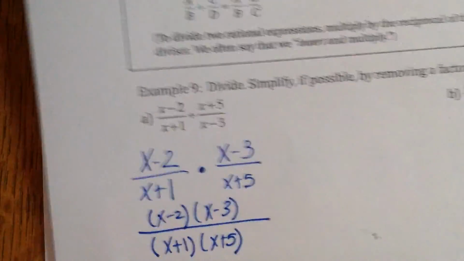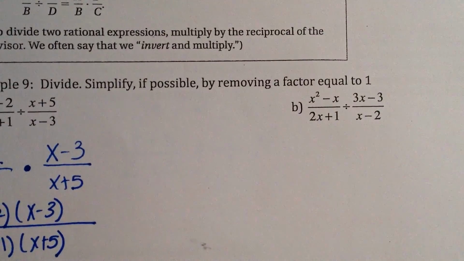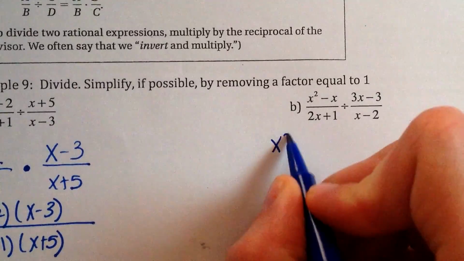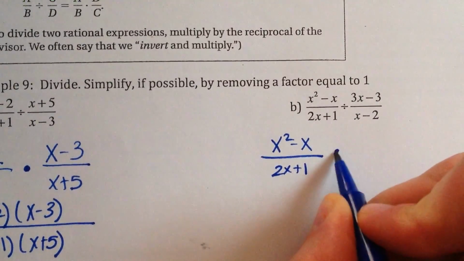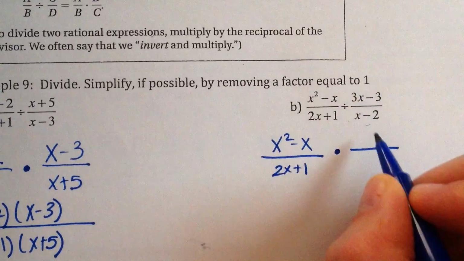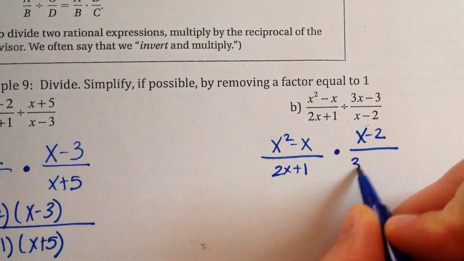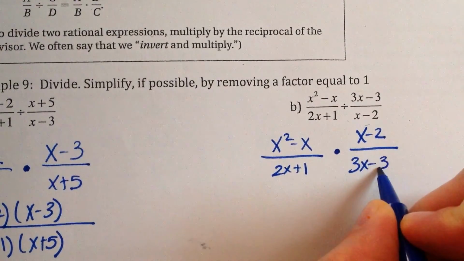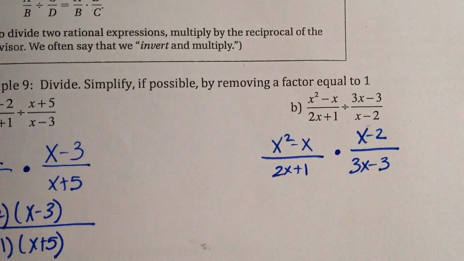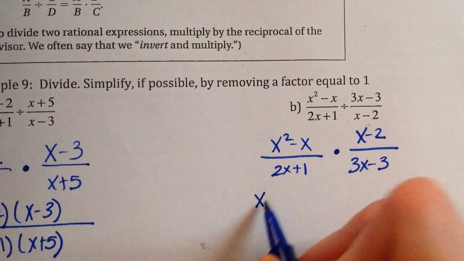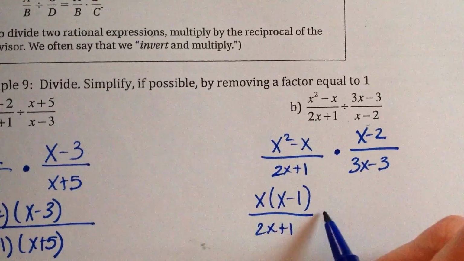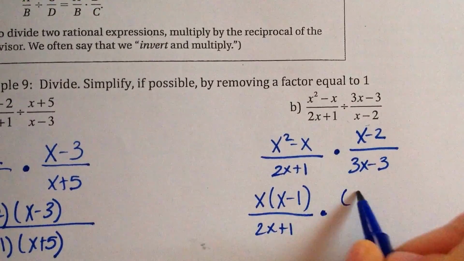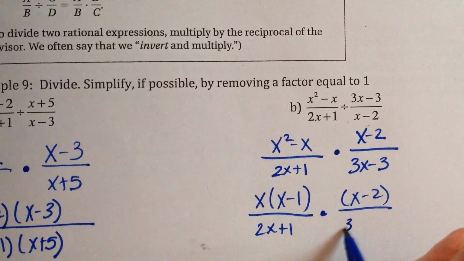Okay? If we look at B, you would have x squared minus x over 2x plus 1 multiplied, flip it, x minus 2 over 3x minus 3. GCF and factor. Greatest common factor is an x. I'm left with x minus 1 over 2x plus 1 times greatest common factor in the denominator is 3.